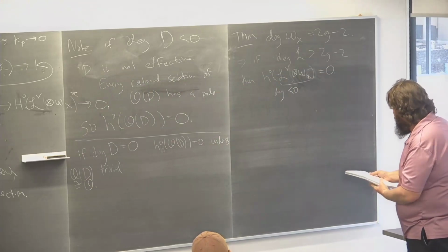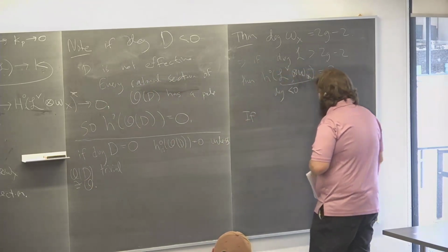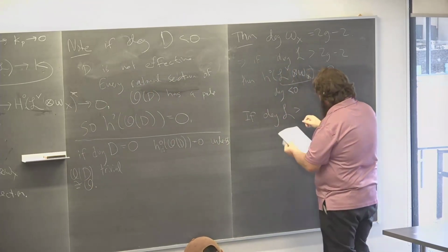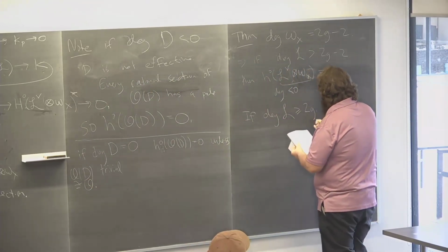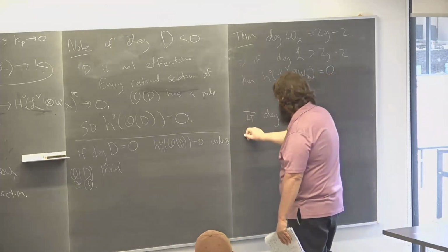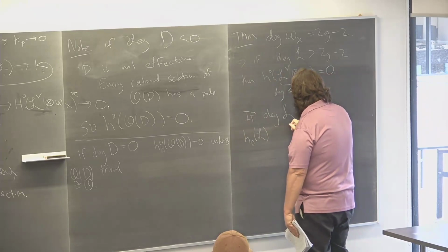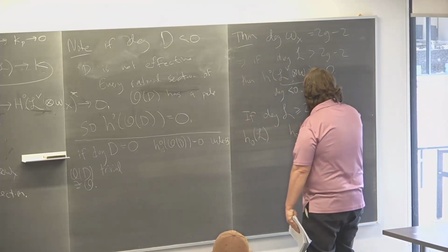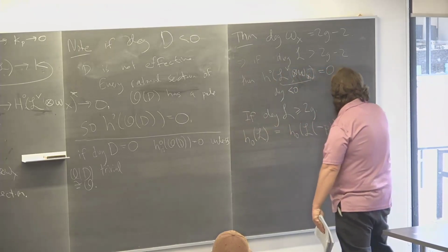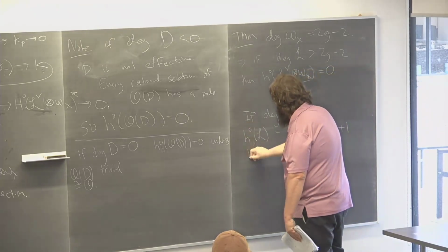All right. So if the degree of L is greater than or equal to 2G, then what does that mean? That means that if I take H0 of L and I compare that with H0 of L minus P, I always get this equality. Let's put these as superscripts, right?